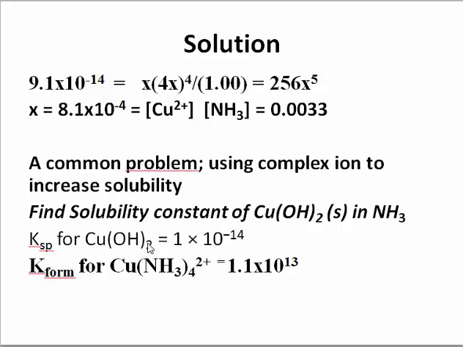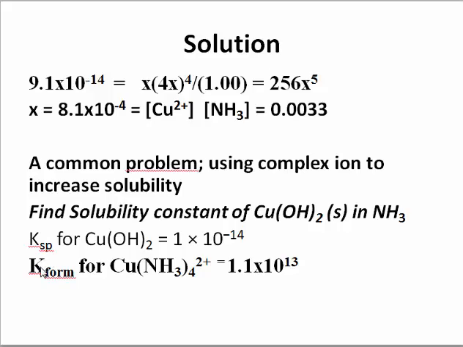KSP for copper hydroxide is 1 times 10 to the negative 14th under normal circumstances, and if we were just considering copper hydroxide and water, we would use this equilibrium constant to determine the molar solubility of copper hydroxide, giving us a very low molar solubility for this species.